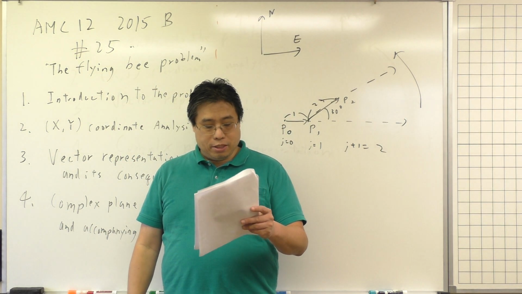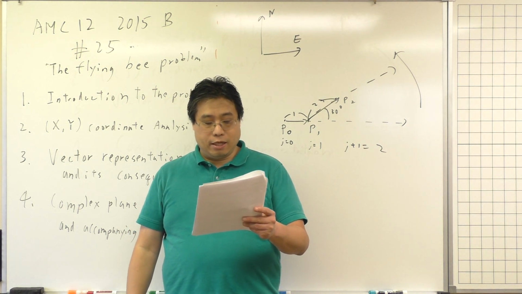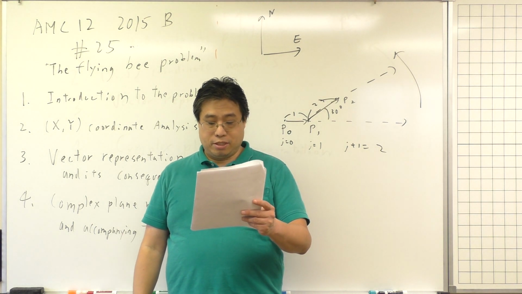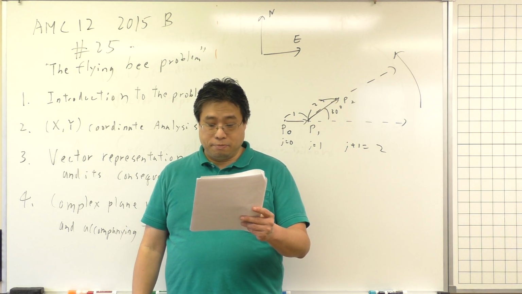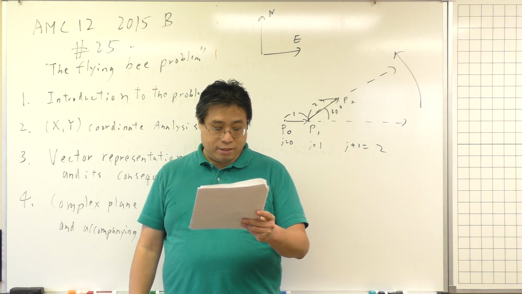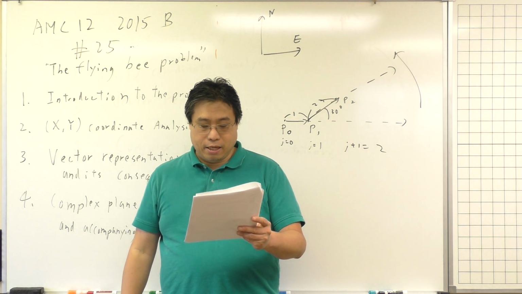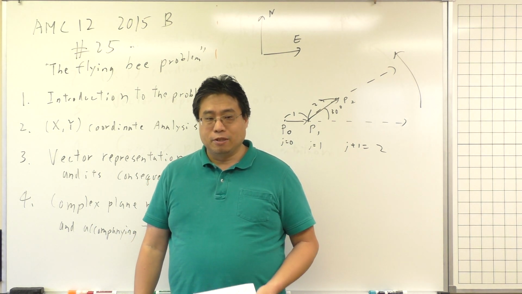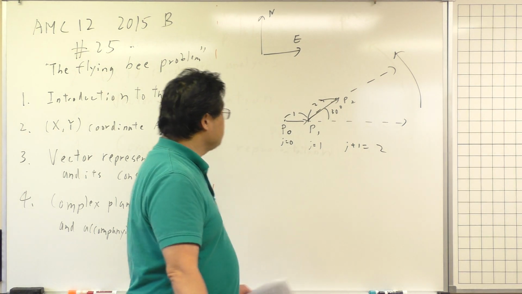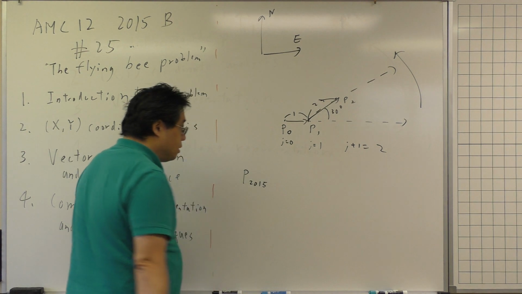When the bee reaches point P2015, she is exactly a square root of b plus c square root of d inches away from P0, where a, b, c, and d are positive integers and b and d are not divisible by the square of any prime. So they want to know where point P2015 is.